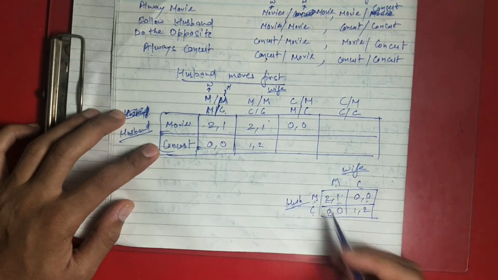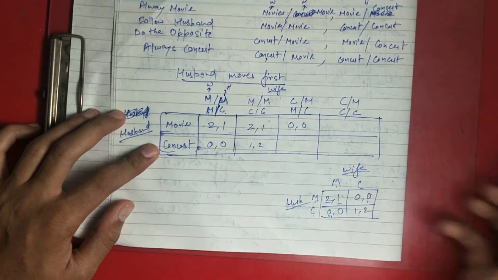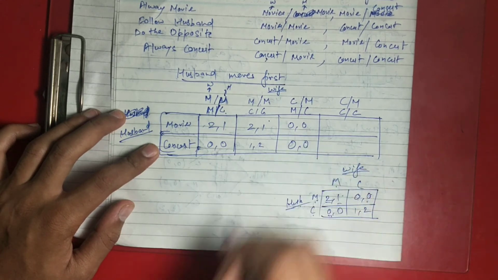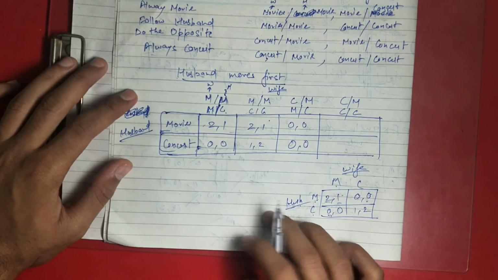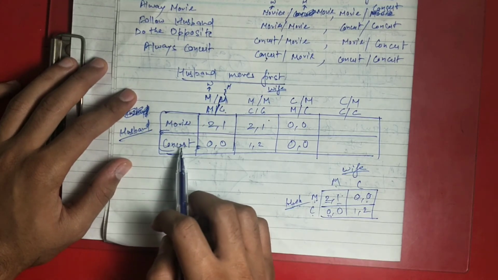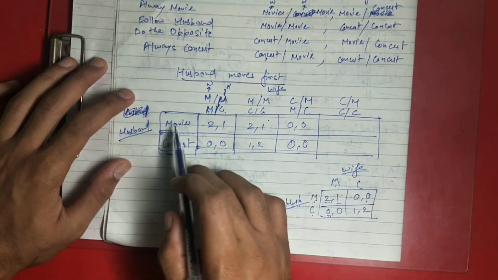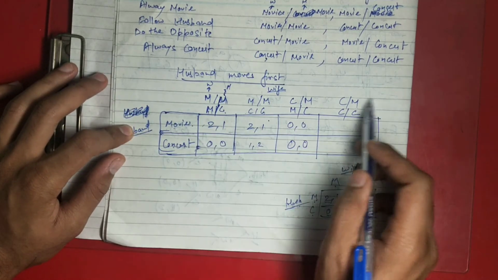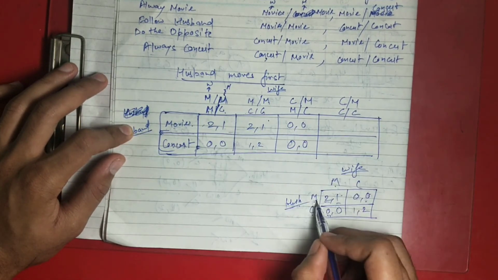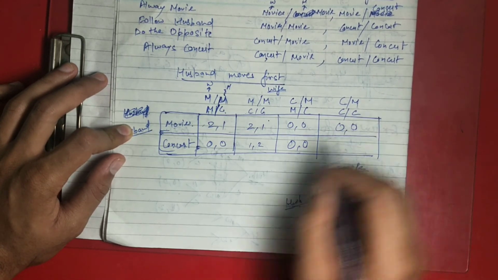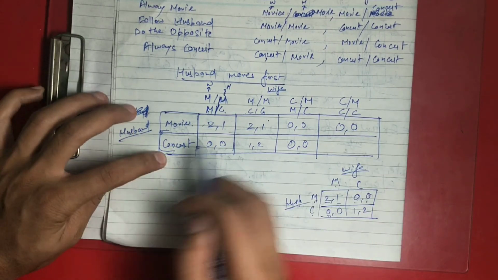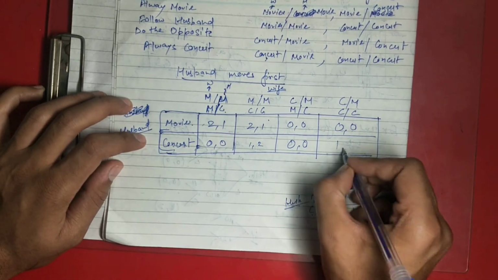Similarly for this exchange also, it is a duplicate, also 0 0. Now for the last one, husband is choosing concert and wife is also choosing concert, so this is 1 2.